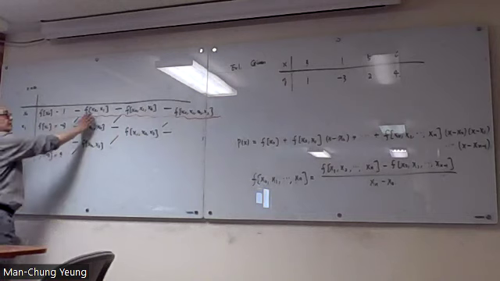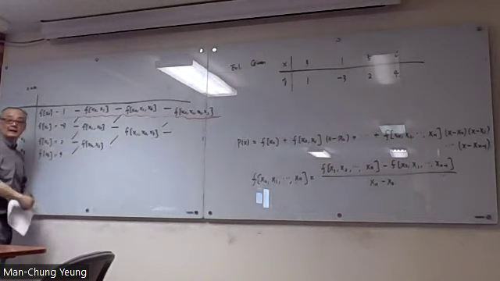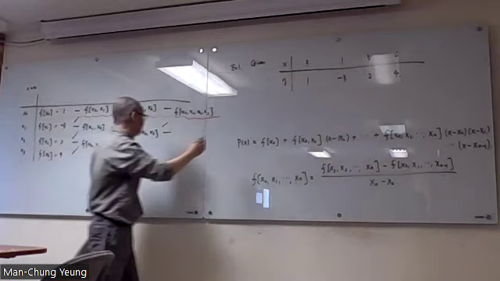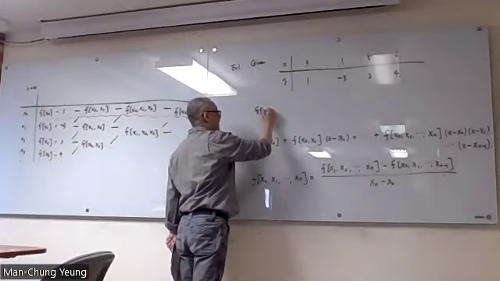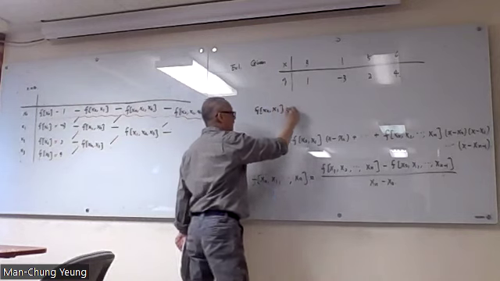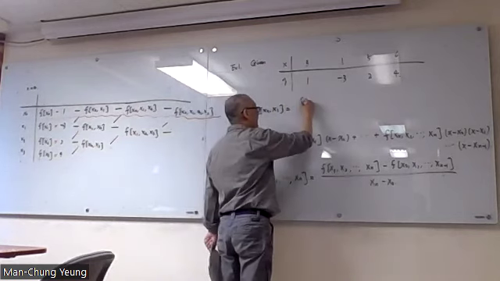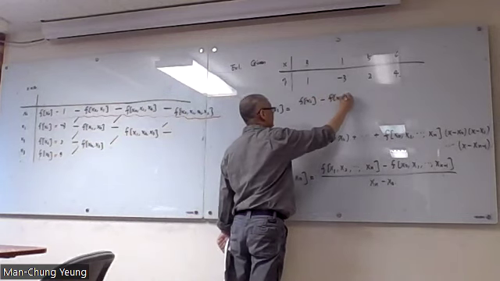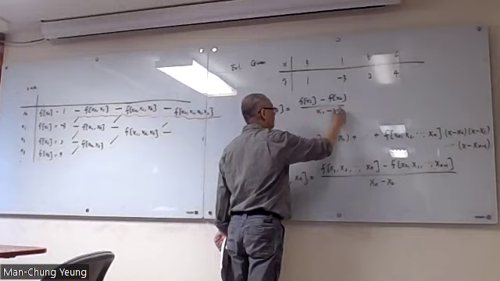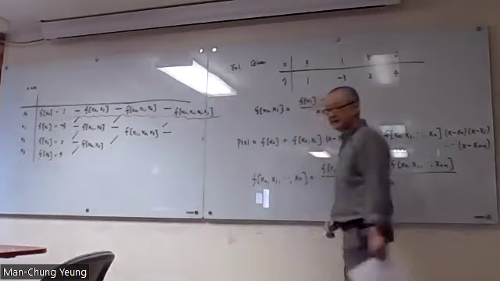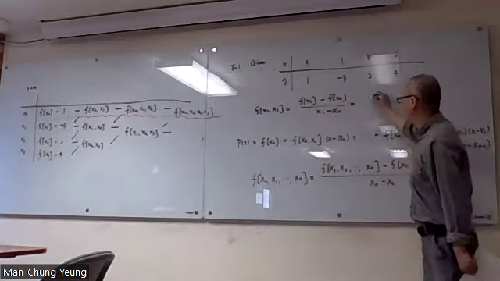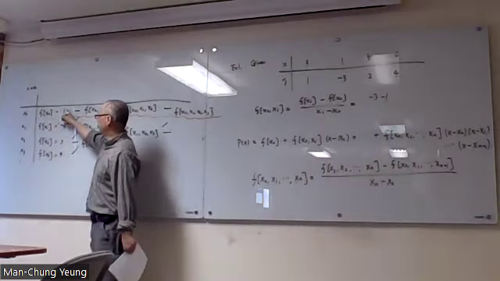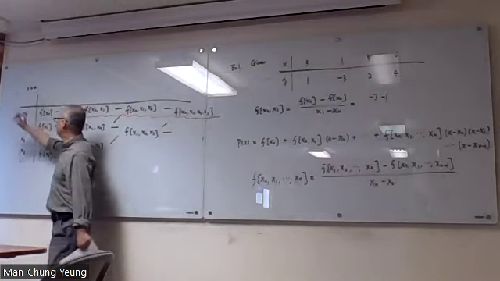Okay, now let me compute this number. f[x0, x1] by this formula is f(x1) minus f(x0), over x1 minus x0. So it is negative 3 minus 1, over x1 minus x0.